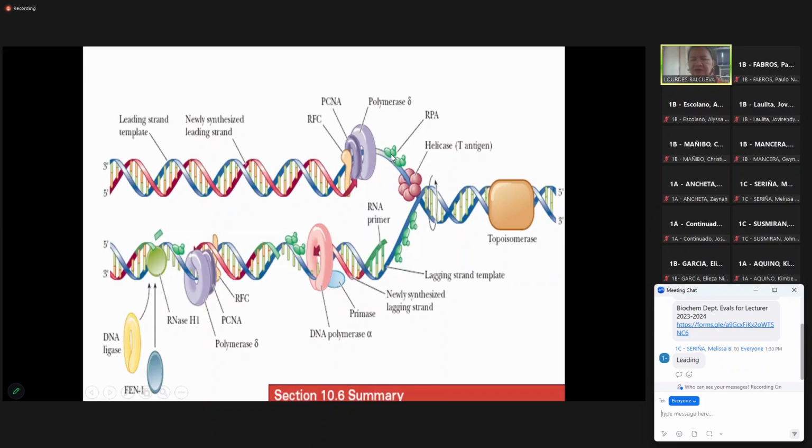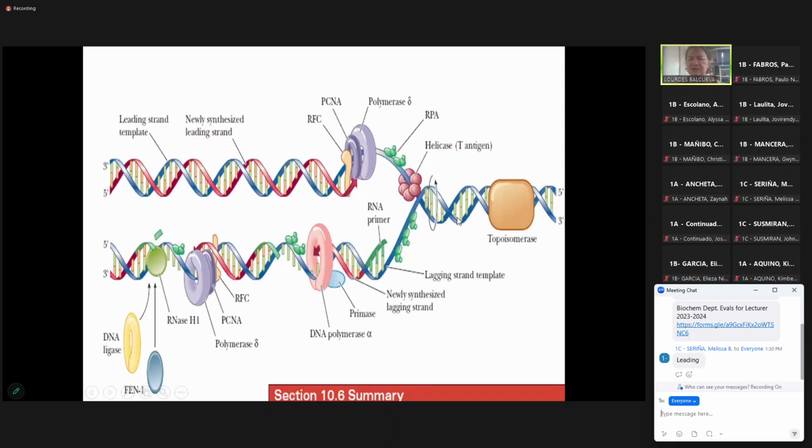So in order for the annealing to be inhibited, you have this RPA. Ano ba yung RPA? Replication protein A, no? That will prevent the re-annealing of the single strands. In prokaryotes, you call that the single-stranded binding protein. So in eukaryotes, you call that the RPA, or the replication protein A. Okay?